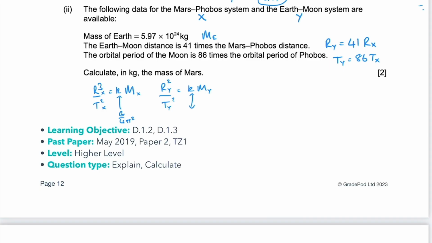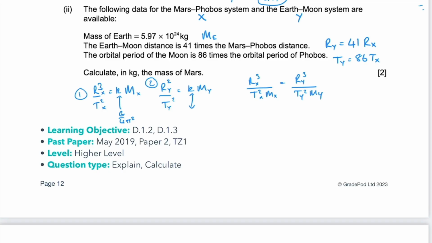What that means is, if we rearrange each of these equations 1 and 2 for k, we can make them equal to each other. So Rx cubed over Tx squared Mx is equal to Ry cubed over Ty squared My.